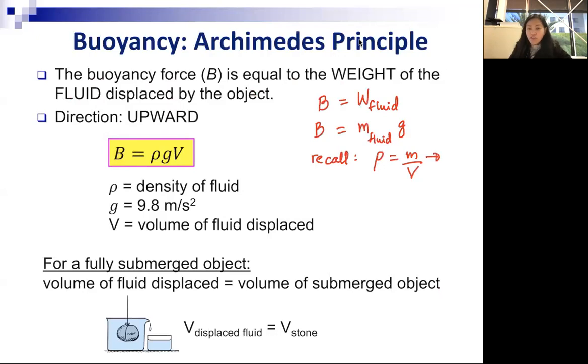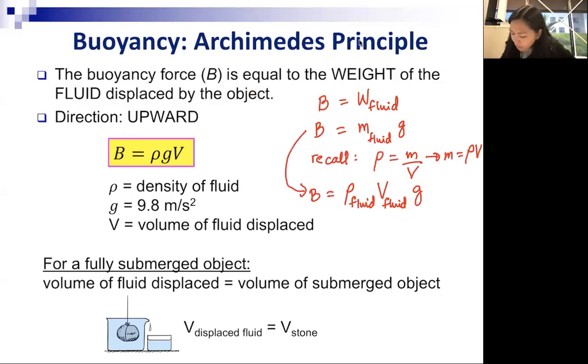We rearranged this equation earlier, and we've seen that mass is equal to density times the volume. So if we rewrite the mass of the fluid in terms of density, then buoyancy is equal to the density of the fluid times the volume of the fluid times g.